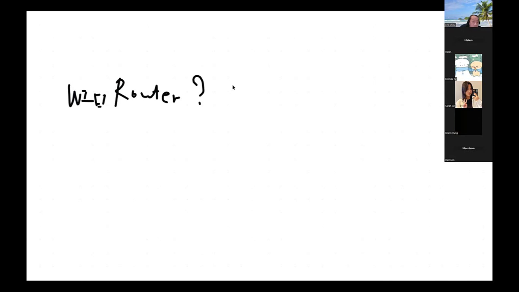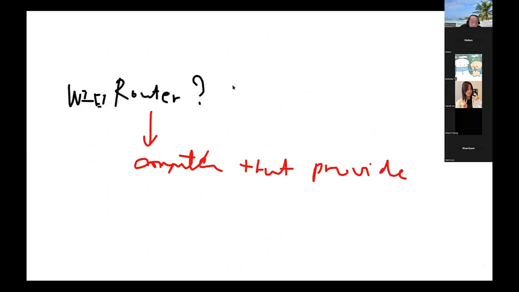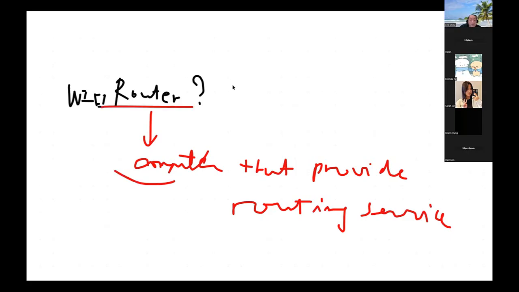But a more clear definition is a router is a computer that provides routing service. So basically, a router is a computer by itself, and it provides a routing service.